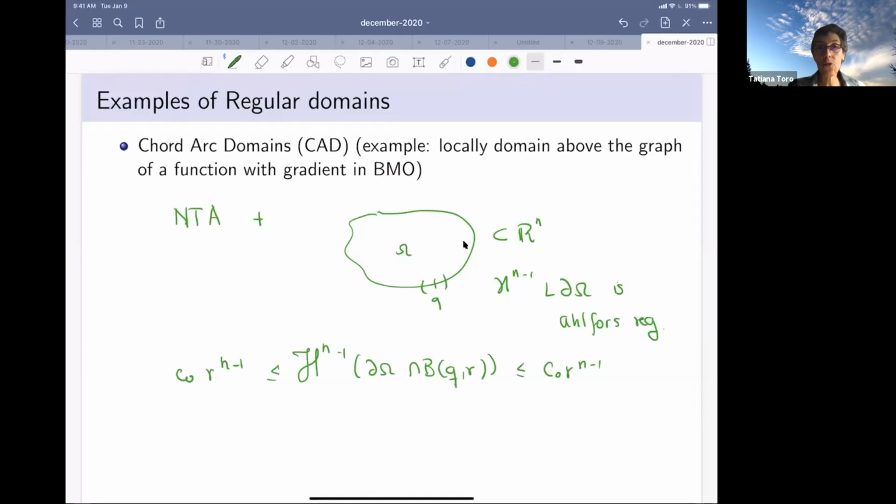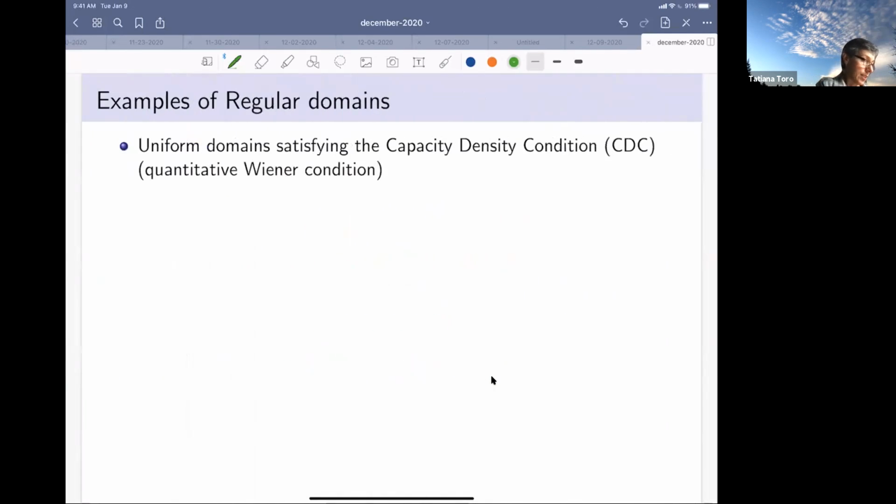So basically, the boundary balls have the right Euclidean growth. So a chord-arc domain is NTA plus this property. Again, this is a very nice Wiener regular domain. In fact, it's uniformly Wiener regular. I'll explain how. And these are the domains we are really going to be interested in.